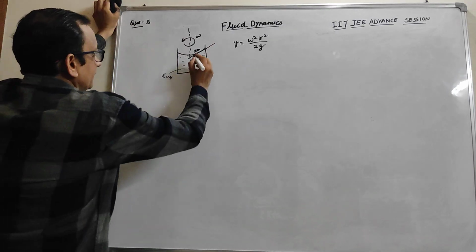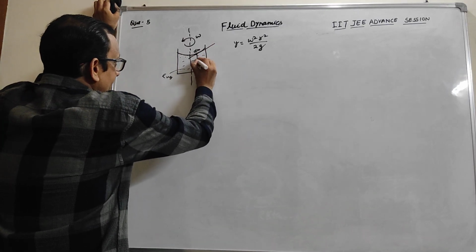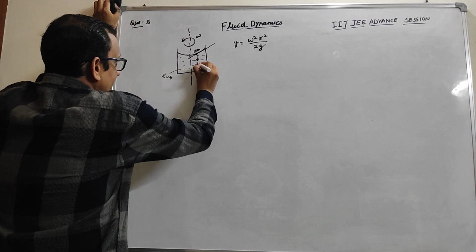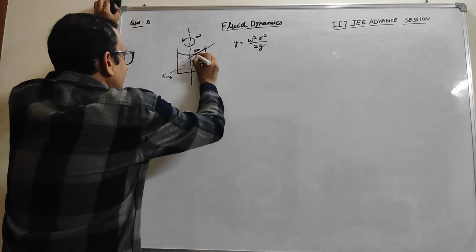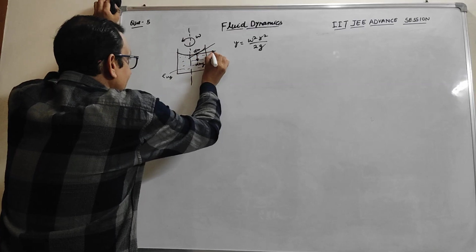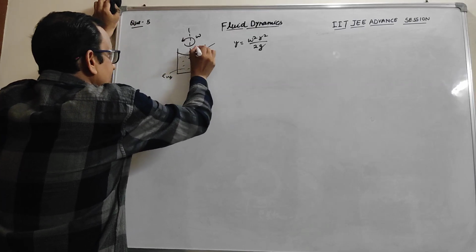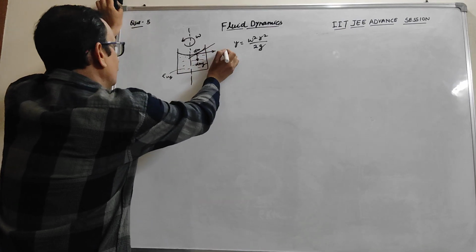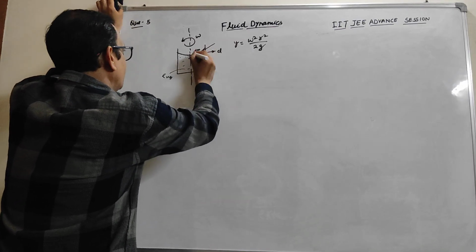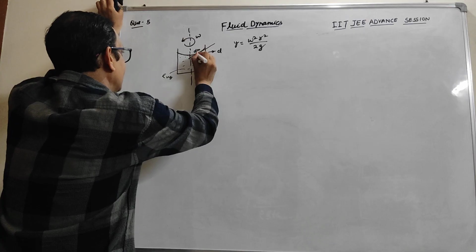At that instant dm g weight is acting downward and a centrifugal force acts radially outward. Suppose this distance is x and height is y.